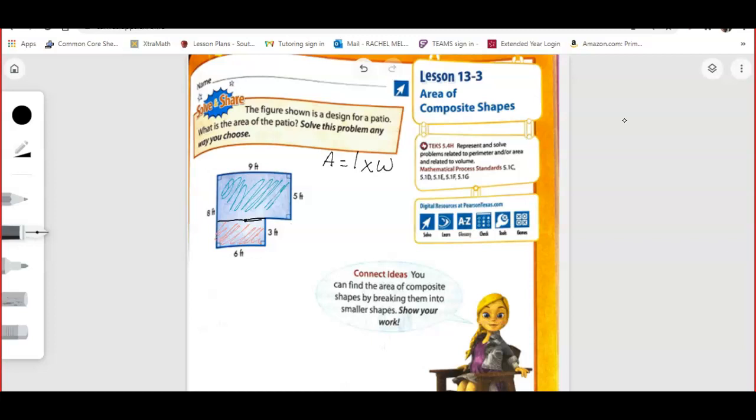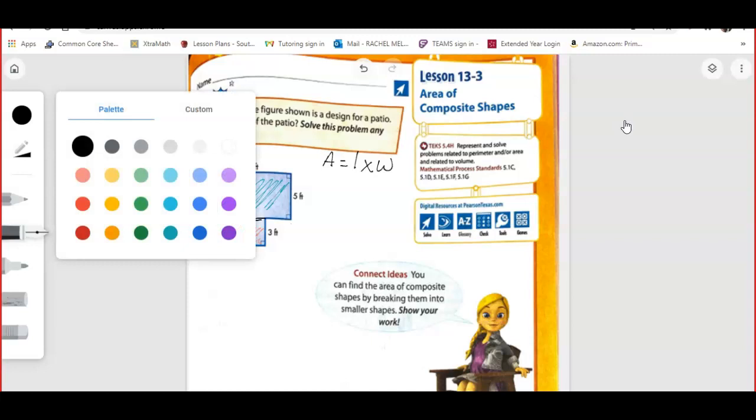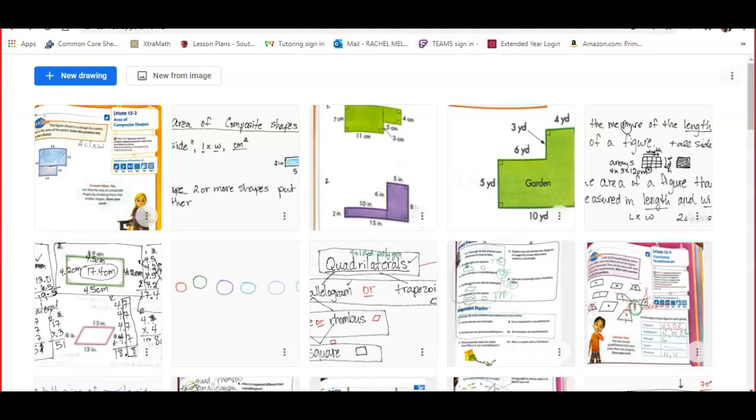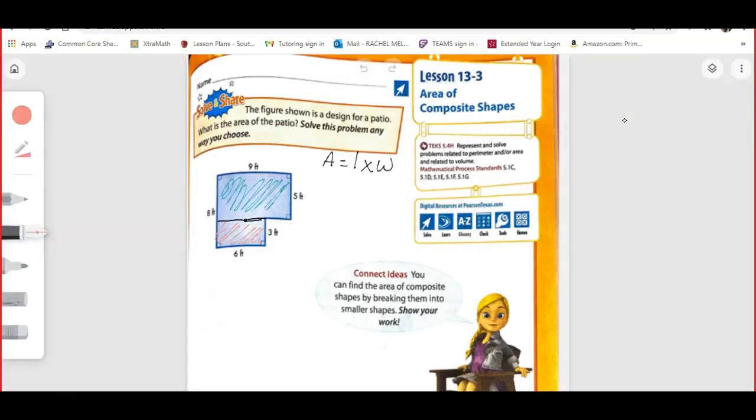So looking at the pink shape, okay, I can see that the length down here, I don't know why it keeps doing that, but I'll just come back and see that the length right here is 6 feet. Okay, length is 6.